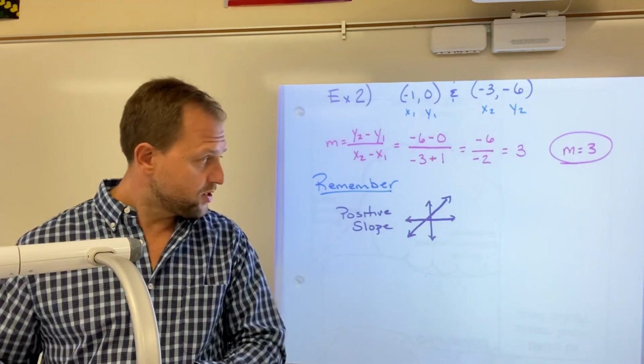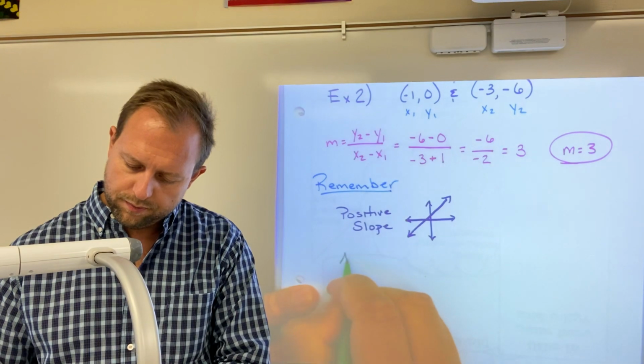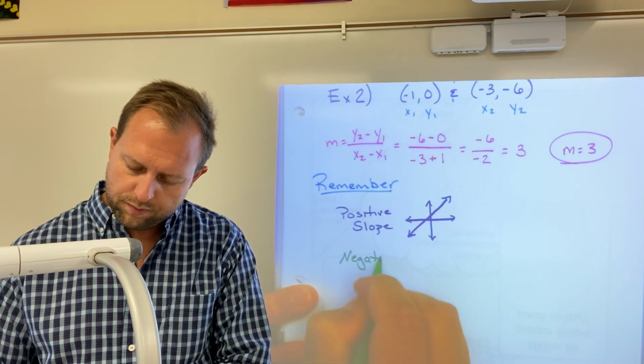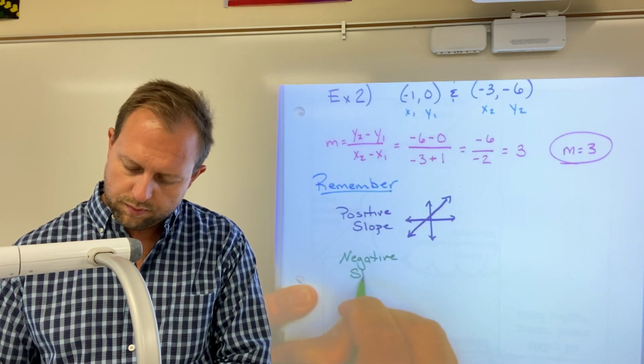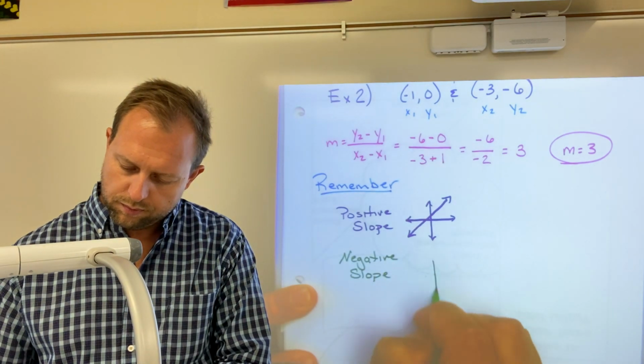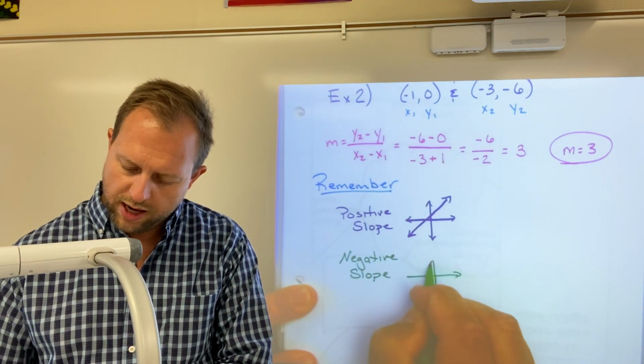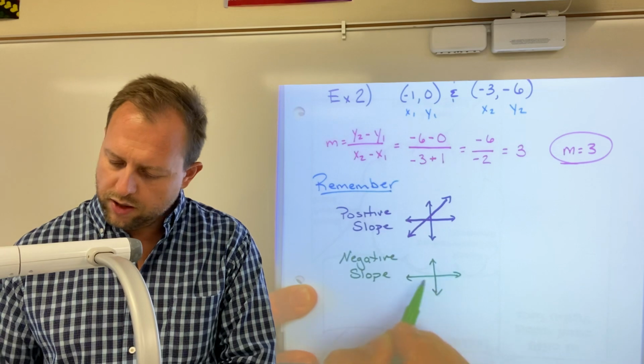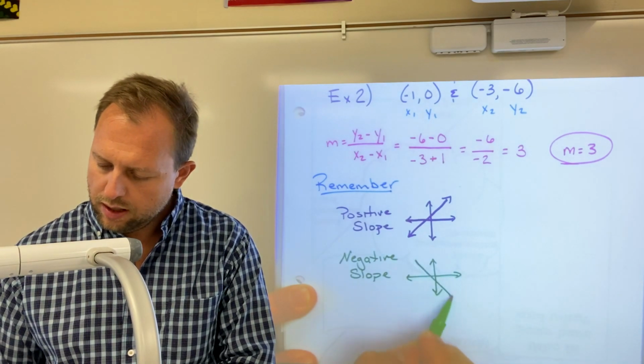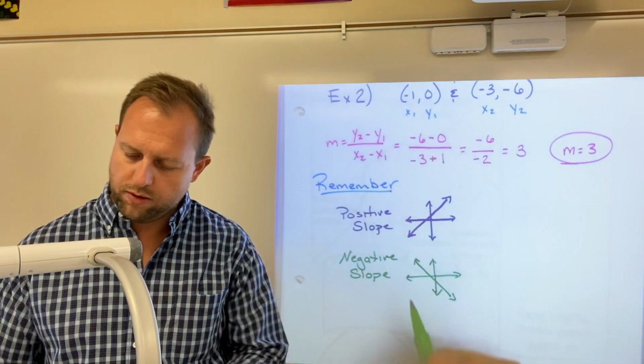If it's a negative slope, our line is going to be heading down from left to right.